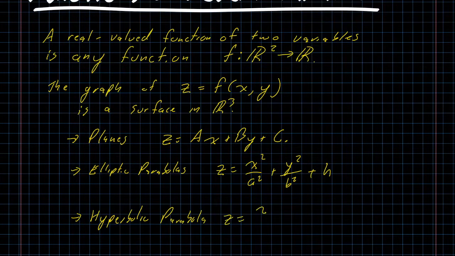Z equals x squared over a squared minus y squared over b squared. And again, we could shift that up and down if we'd like, and it would still be a hyperbolic paraboloid. These are functions in two variables that we've already talked about. We've already seen how these graphs work. So I don't feel that we need to think about them any further, at least not for right now.